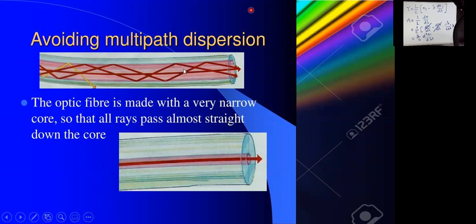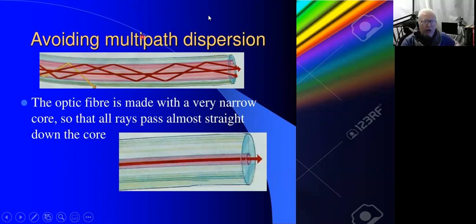Your answer will be directly the larger one. The larger the radius, the larger the multipath dispersion effect. So you can generally control this multipath dispersion effect by controlling the radius. However, this introduces a trade-off between the number of modes and the dispersion.